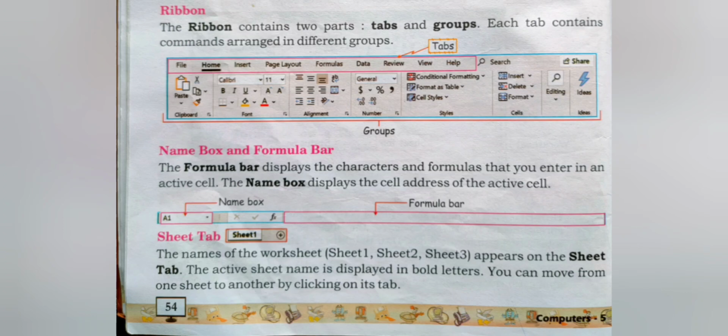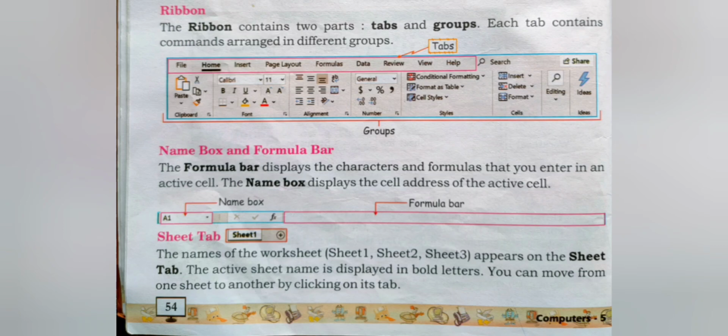Next point comes the name box and formula bar. Let us understand the formula bar first. The formula bar displays the characters and formulas that you enter in an active cell. You can see the formula bar in the picture. In that place we can enter the formulas.